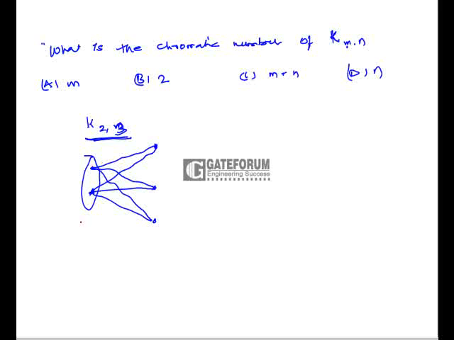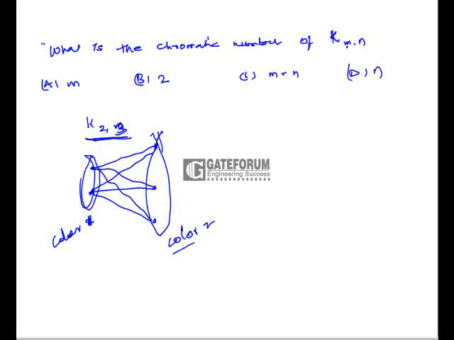Let us say I assign color 1 to all these vertices, and we assign a different color to the vertices on this side. We can assign the same color to all the vertices on this side, because these vertices are not adjacent.